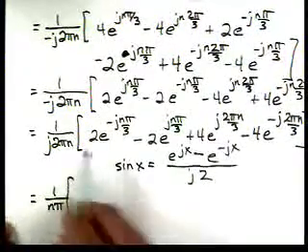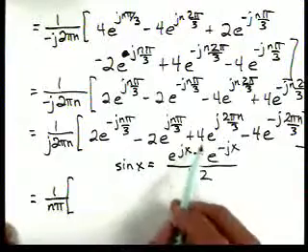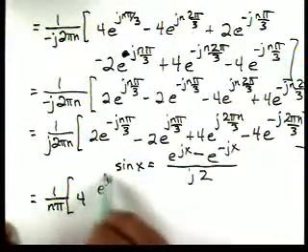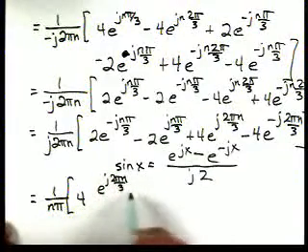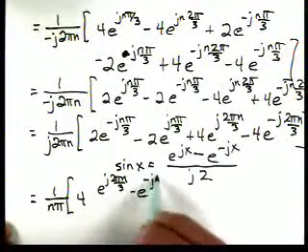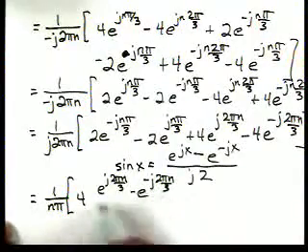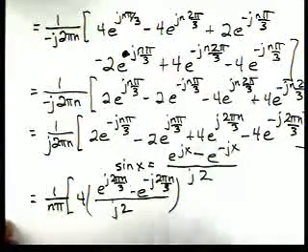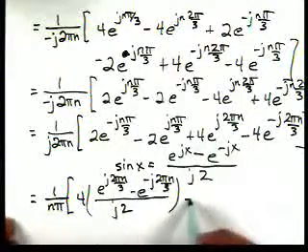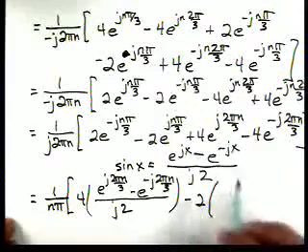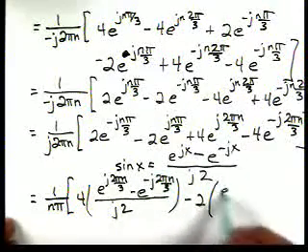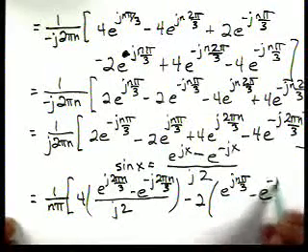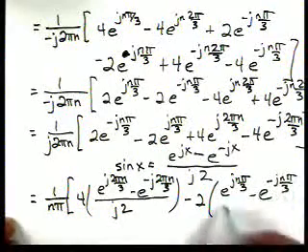So pulling the j2 in, first I'll have 4 times e to the j 2 pi n over 3 minus e to the minus j 2 pi n over 3, all divided by j2. That takes care of those two terms. Then I have minus 2 times e to the j n pi over 3 minus e to the minus j n pi over 3, over j2.